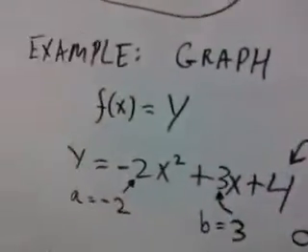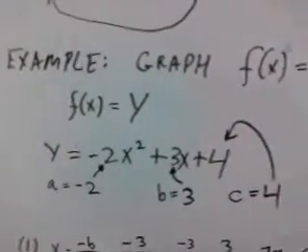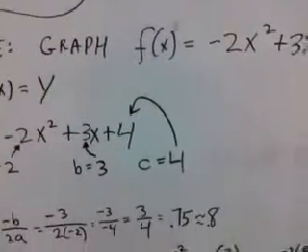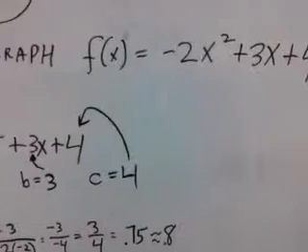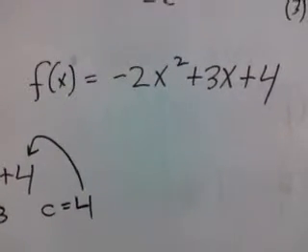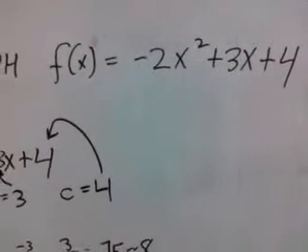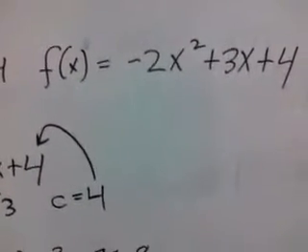Suppose we want to graph this quadratic function. Suppose we want to graph f of x equals negative 2x squared plus 3x plus 4. Now, the first thing we have to do is find the x-coordinate of the vertex.